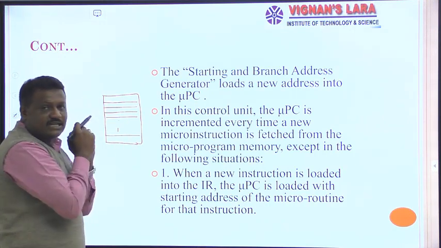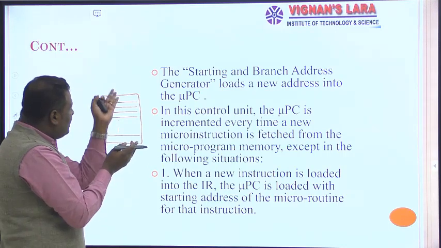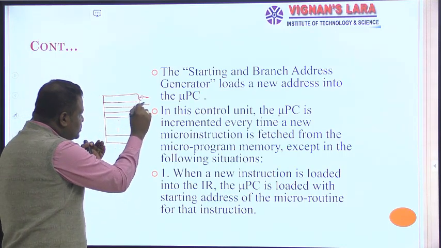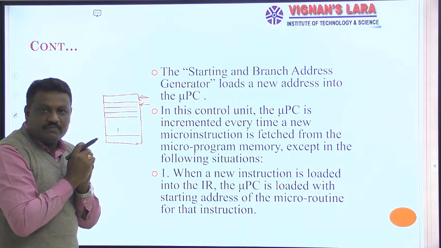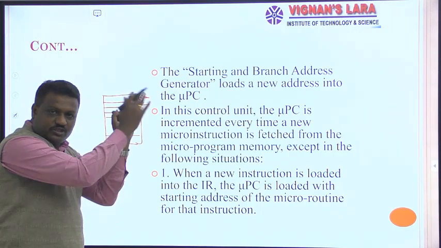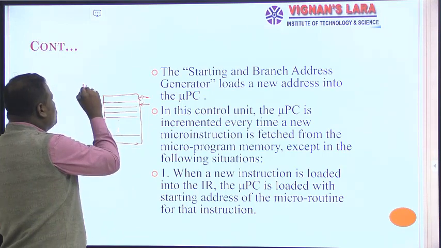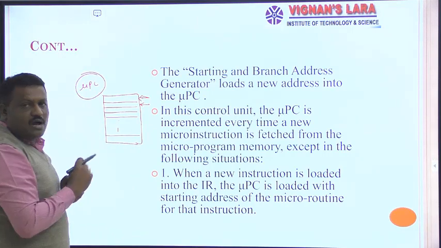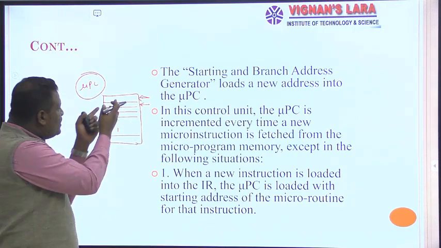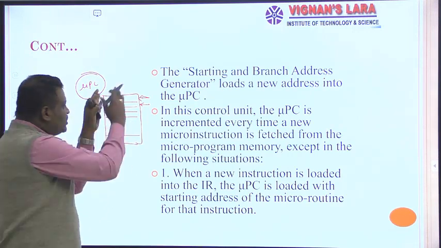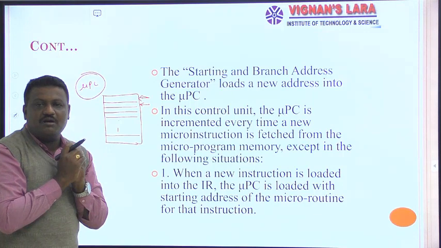In order to get the control signals, my control unit has to read instruction by instruction from this micro routine, or microprogram. And in this case, the microprogram counter new PC automatically increments to point to the next micro instruction in this micro routine or microprogram.